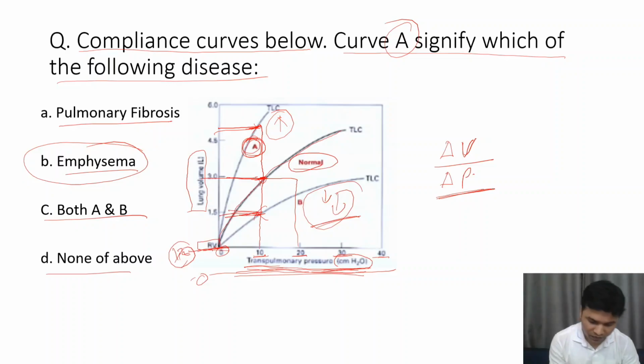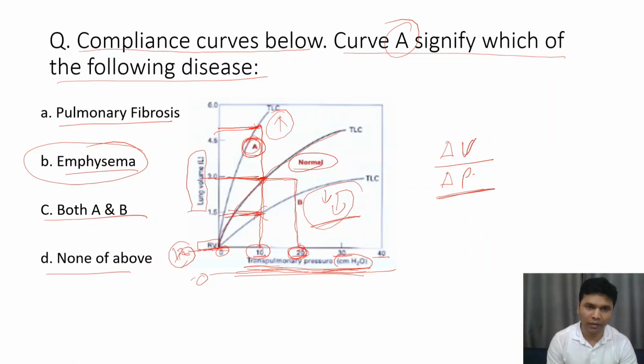For 3 liter you have to increase the pressure to twice the normal. In the normal condition, you achieve 3 liter volume with a change of 10 centimeters of water, but for the same volume here you have to increase to 20 centimeters of water.